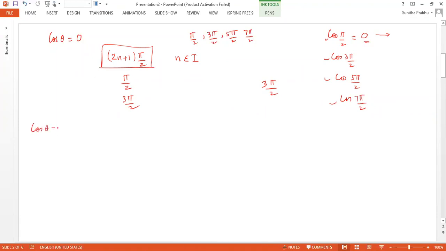Whenever I have cos theta is equal to 0, I can write the solution as theta equal to (2n plus 1) into pi by 2.